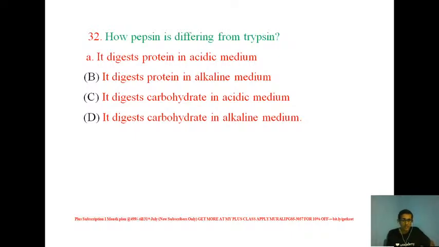So how does pepsin differ from trypsin? Trypsin is secreted into the intestine. Pepsin is secreted in the stomach. So it digests protein in acidic medium. Both are important with respect to protein digestion. Am I right? One does protein digestion in the small intestine, that is trypsin, whereas the other, pepsin, works in the stomach on protein.